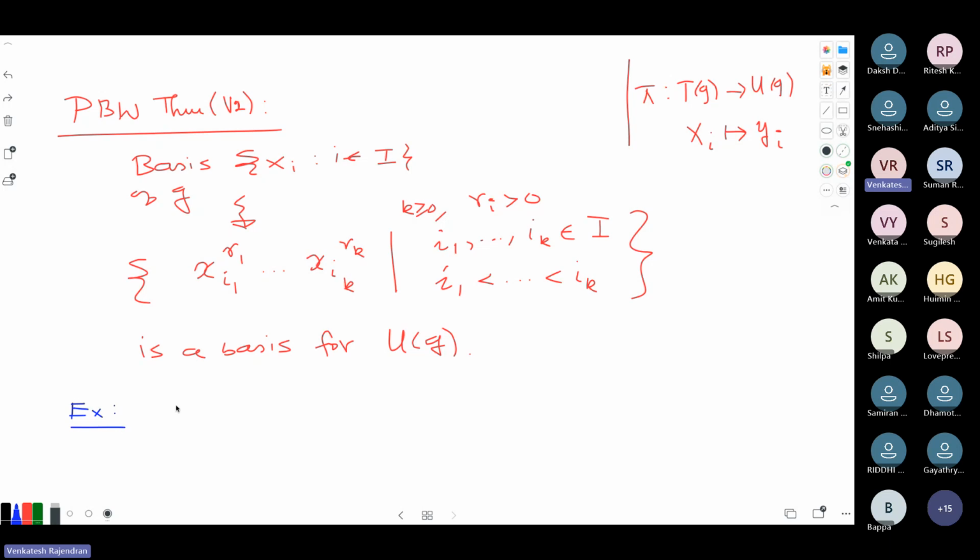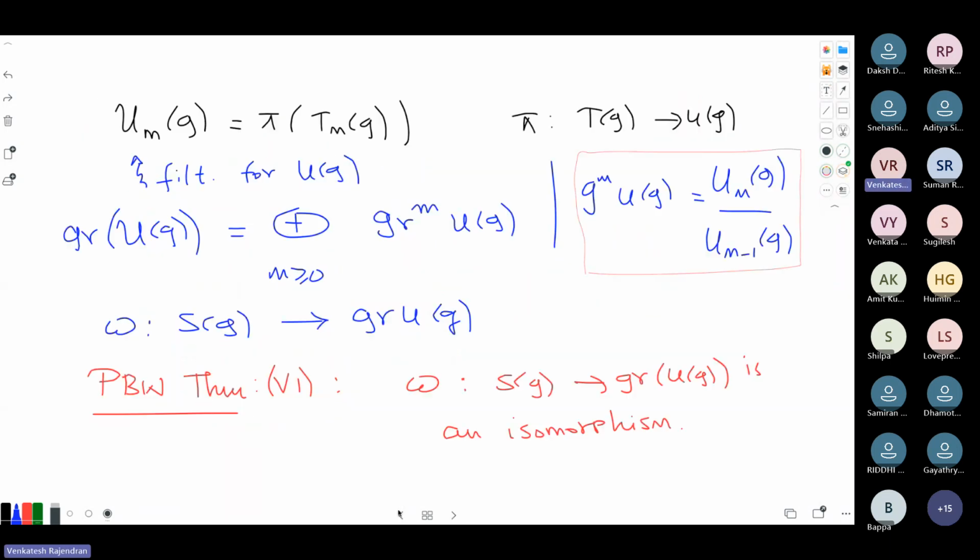So version 1 implies version 2. And the converse is obvious because, as I said, you want this to be an isomorphism in version 2, but from TG to graded UG you already have a surjective map.